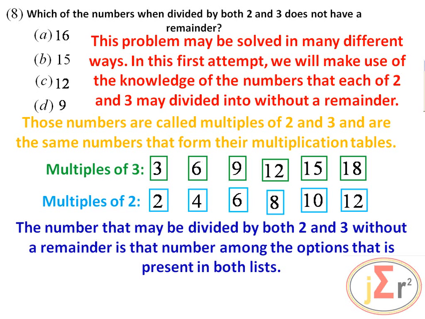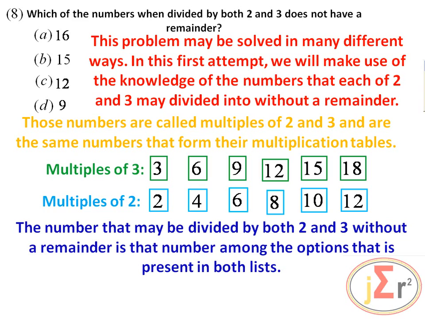We have another number that is in both lists. What other number apart from 12 is in both lists? 6. Right. But what Jerry is focusing on is the number that is in both lists that is present in the option. And that is 12. And that is our correct answer.